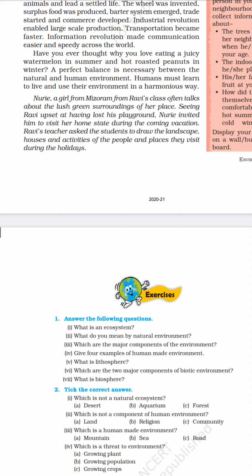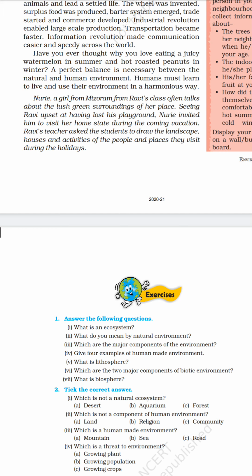Human beings also have separate religions, educational institutions, economic activities, and political institutions. All these are the environment of the human level, the human environment. So in short, the human-made environment and the human environment are both created by human beings, not by nature, though with the support of nature.